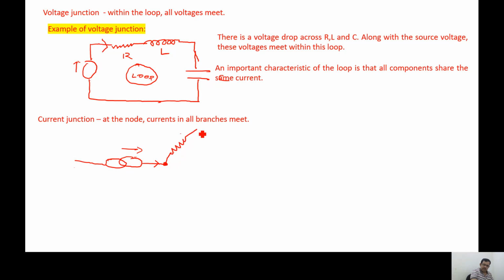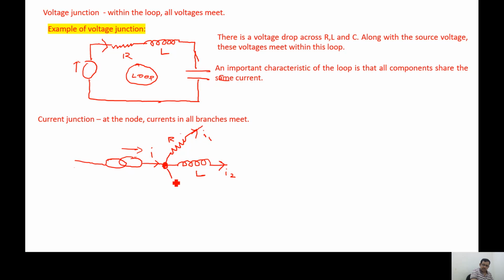I have only drawn part of the circuit. The circuit completes, so don't think it is not complete. We are just showing the essential part because our attention is at this node. This is my inductor, this is my resistor, and the current I branches out into I1, I2.